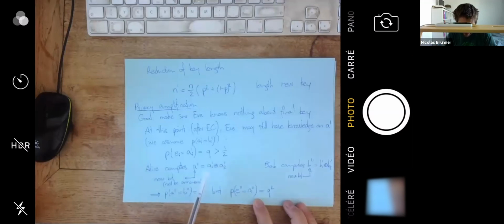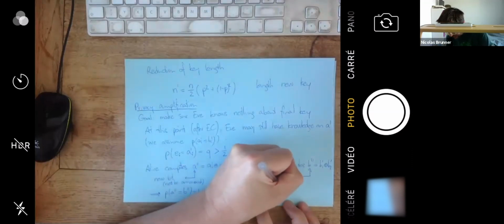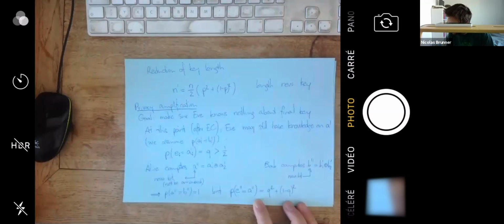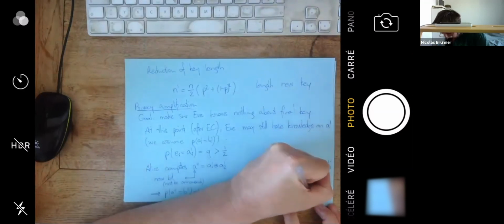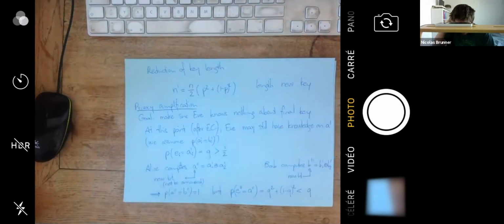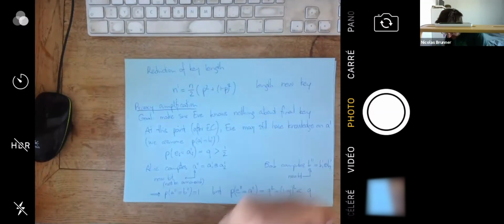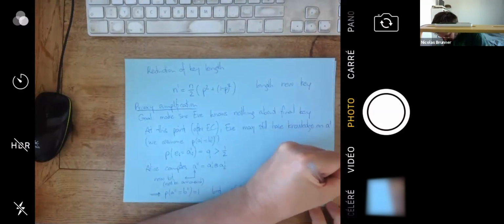That would be when she gets A1 prime and A2 prime wrong, both of them, right? So then I have a 1 minus Q squared. That's the probability for Eve to know the new bit after privacy amplification, and you can readily check that this is strictly smaller than Q, if Q is larger than 1/2.